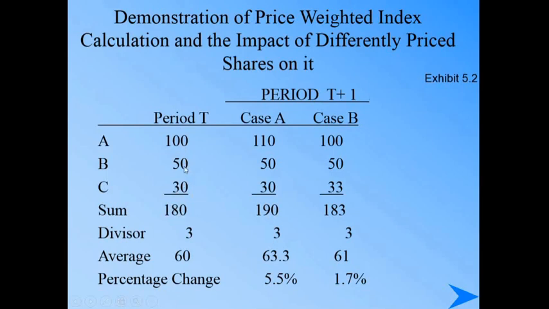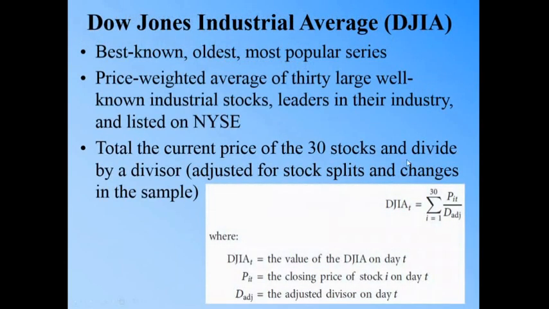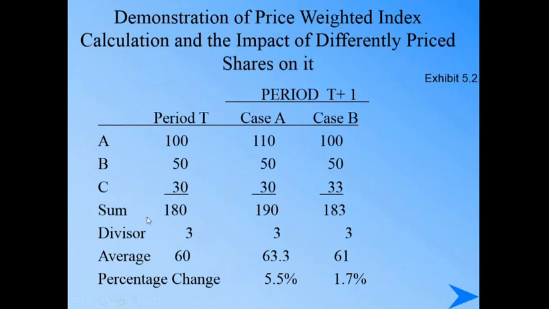We said in the previous slide, let me just show it, that this is what we were talking about. We calculate the sum of the prices. So once we do that, the sum of the prices is 180. And the original divisor, as I discussed, in that case it will be 30, but here it will be 3, because there are 3 companies included.